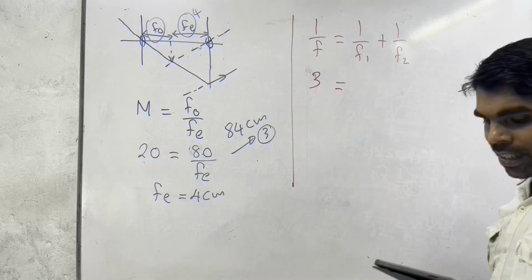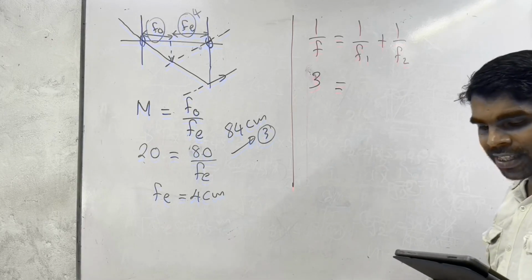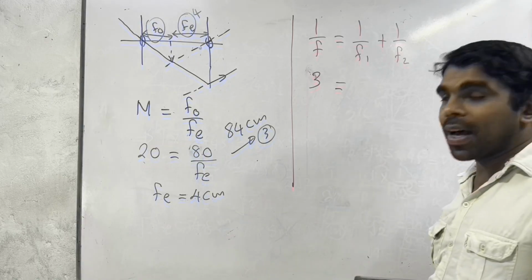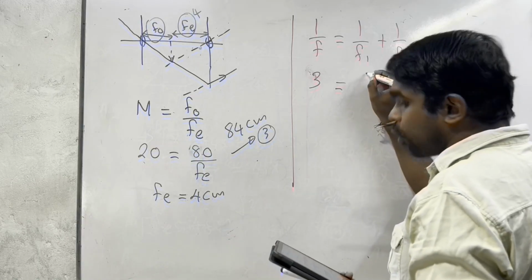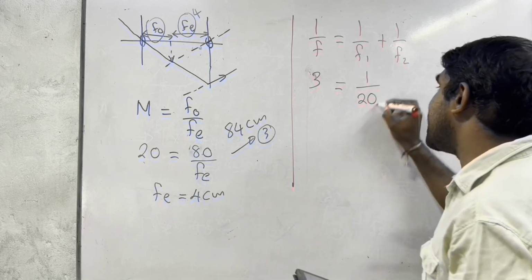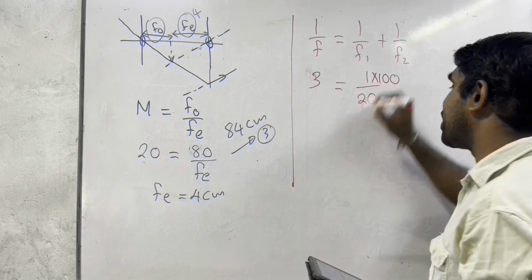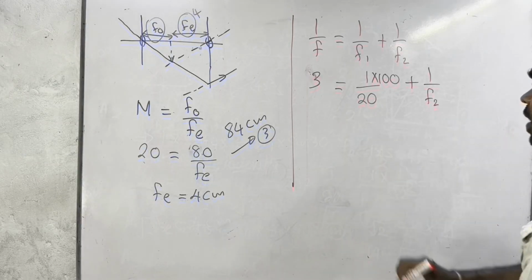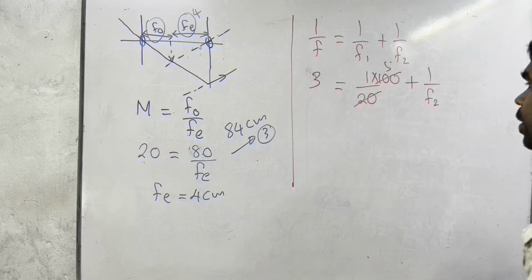We can get that the first lens is a convex lens. For the convex lens, power should be a plus value, and it is 1 over focal length. 1 over 20 centimeters; we have to convert centimeters to meters, therefore we put 100 on the opposite side. Plus 1 over F2. Then we can cancel out 20 and 100, giving 5.